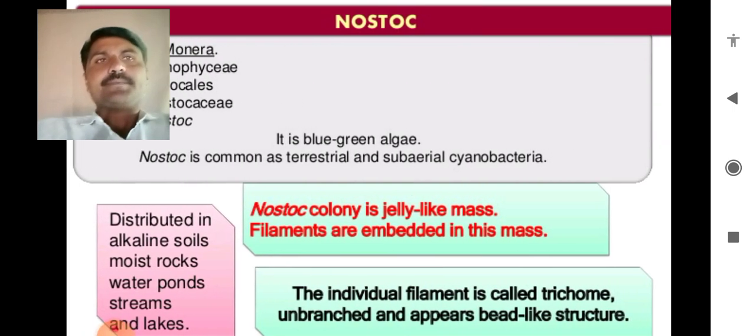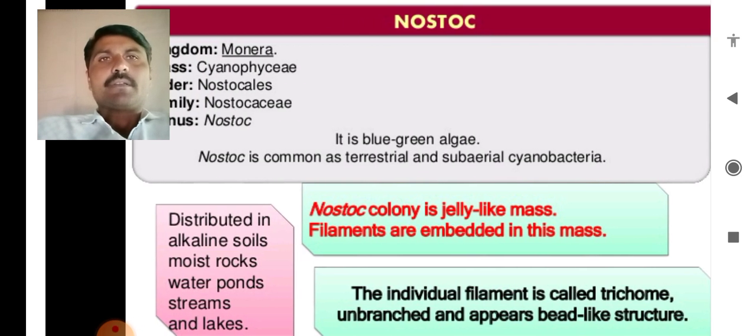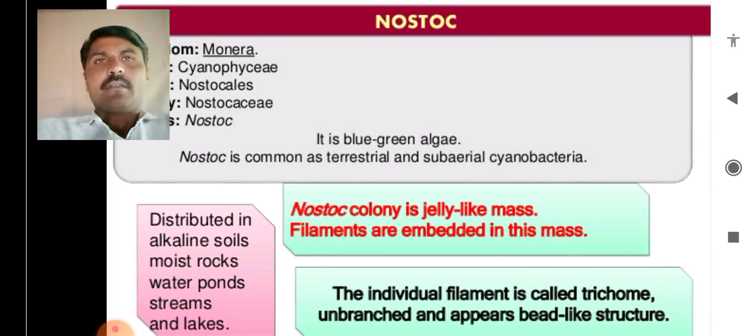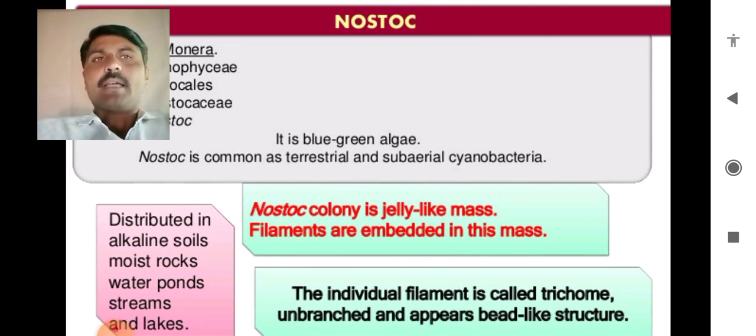Friends, in an overview of the Nostoc, this alga is a blue-green alga, and the habitat is terrestrial as well as subaerial.